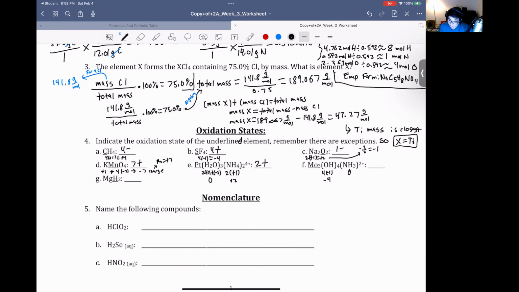So this molybdenum, we have to actually split this between 3 molybdenums. So what we're going to do is this, actually, let's do it like this. 2 minus -4. That's 6. So what does this mean?